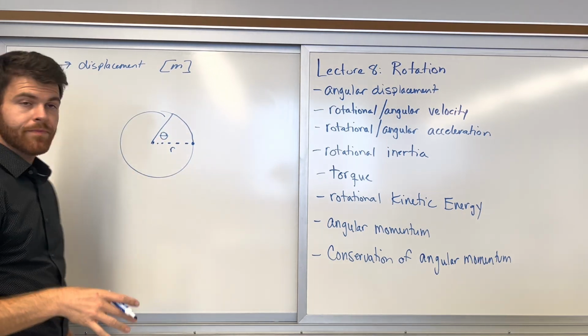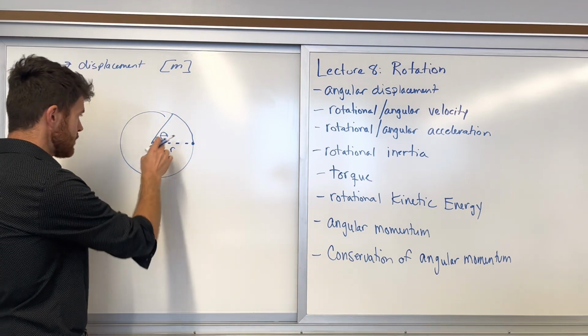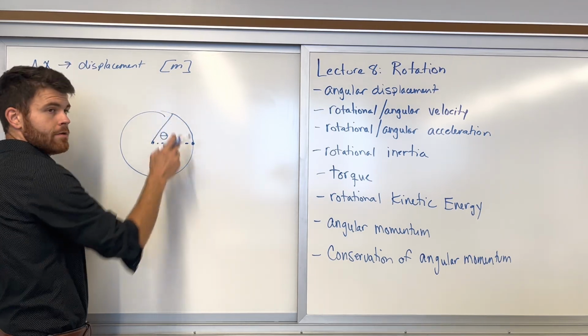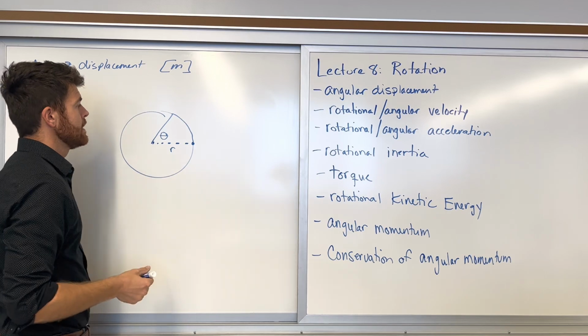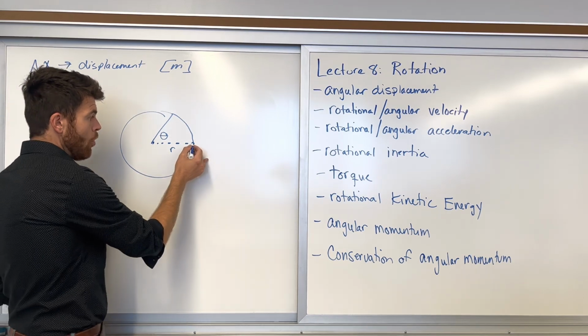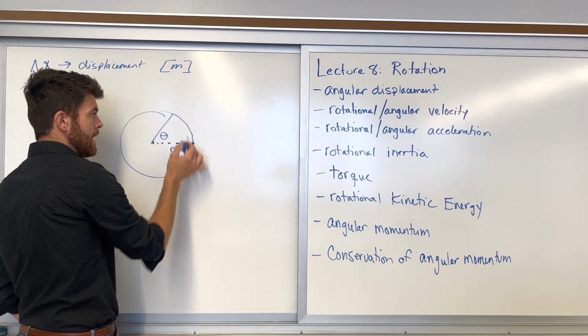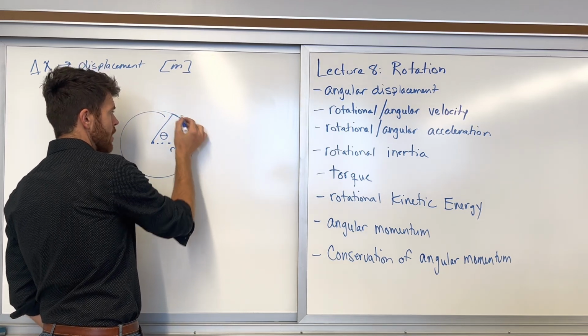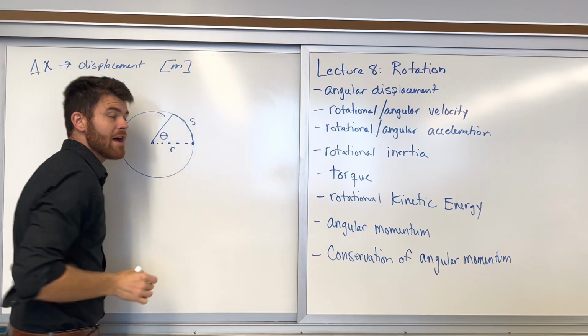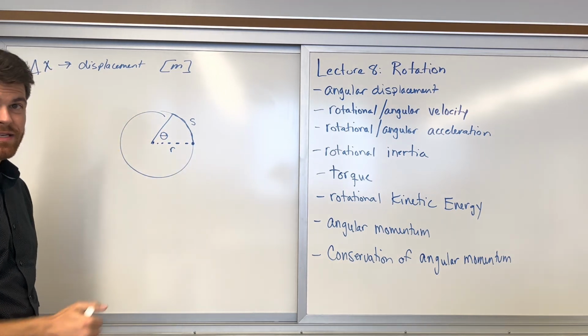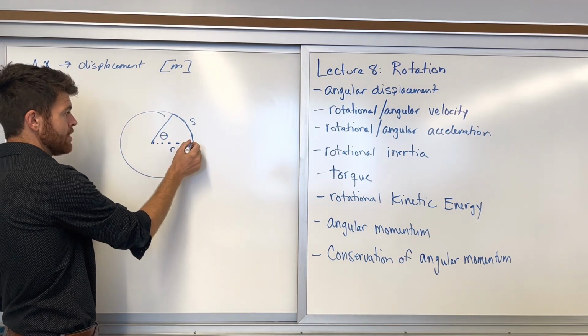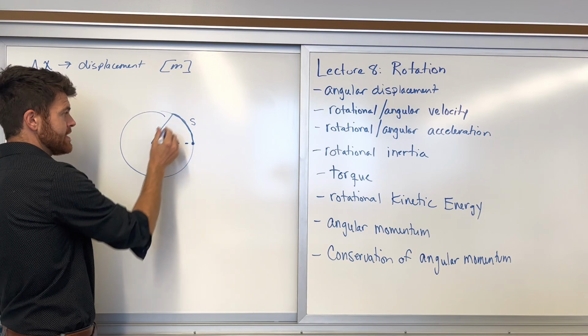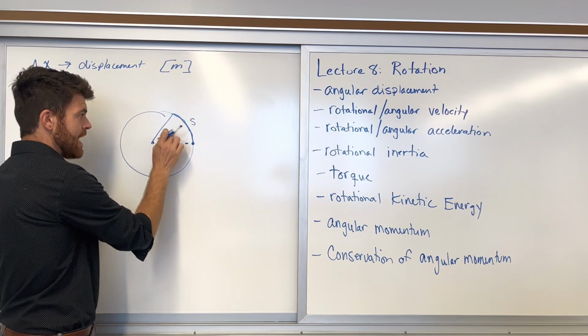Now theta is going to represent the angle through which it rotates. Now this point on the edge of the disk, it moves through space along this arc. And we're going to call the length of that arc S.